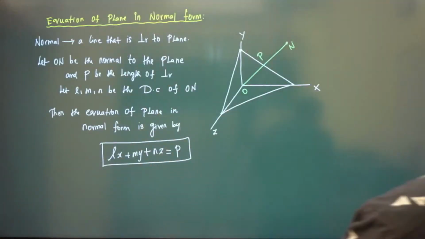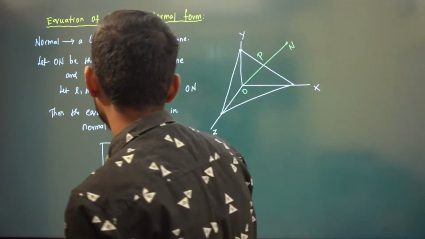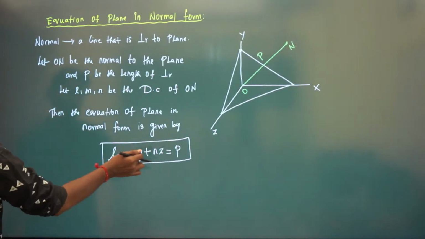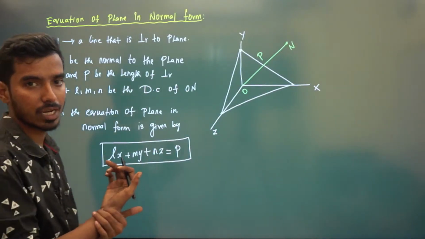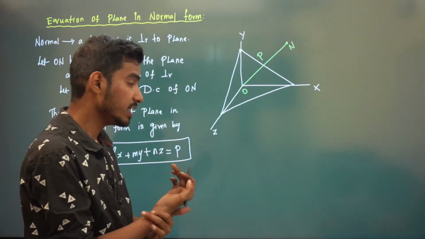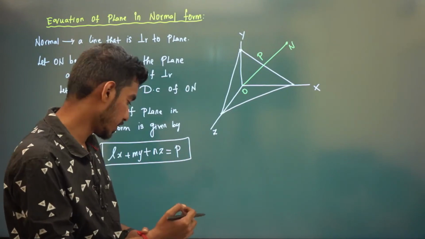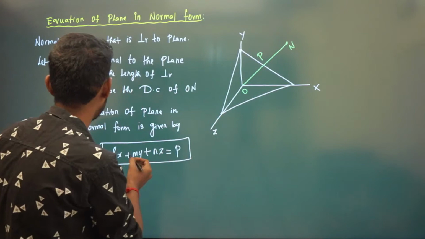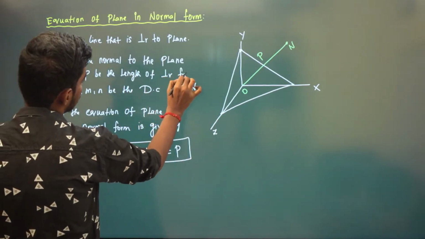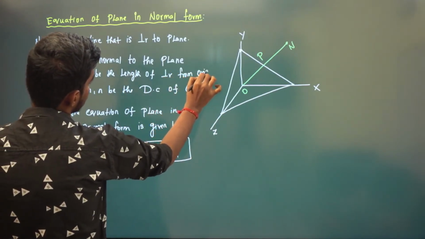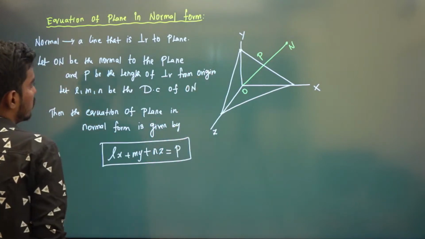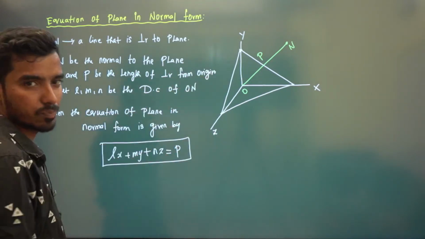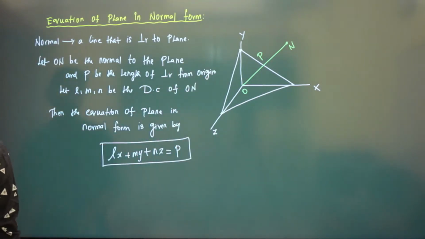Here L, M, N are the direction cosines of the normal, and P is the length of the perpendicular from the origin. That is, the length of ON is P.